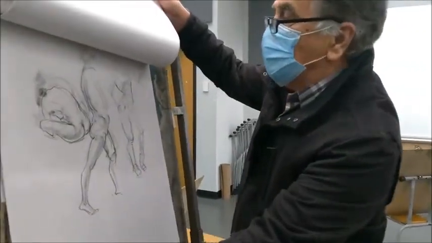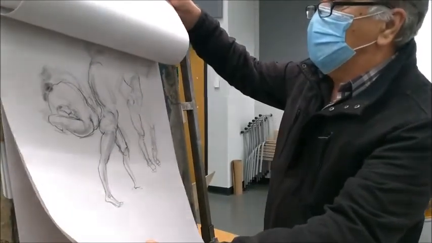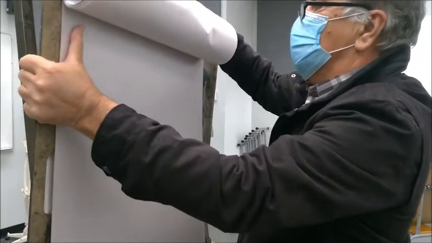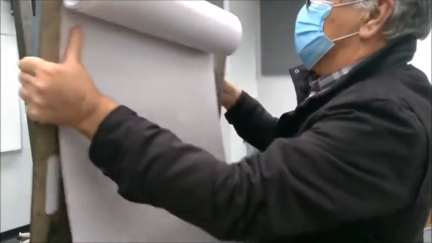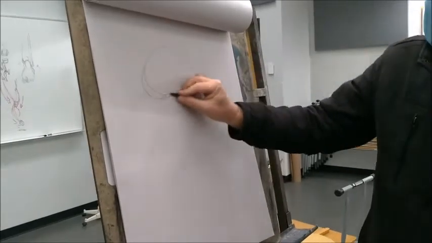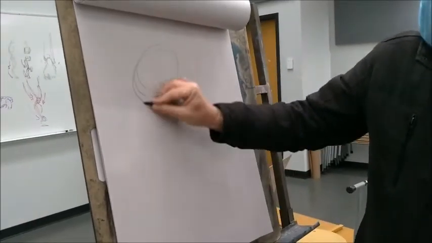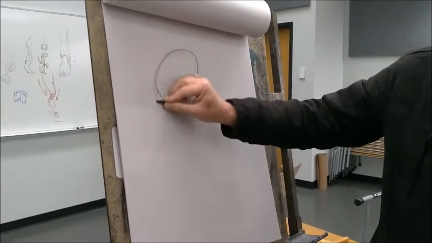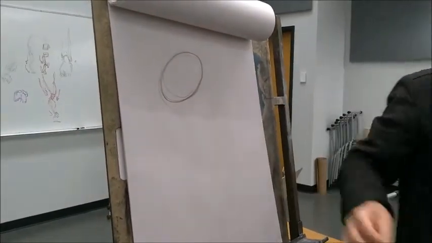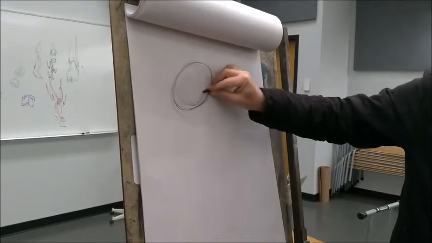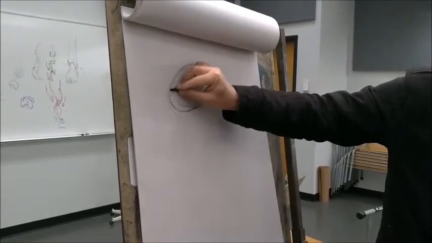I just want to give you an example here, or maybe I can draw and you can come and see me, but for example, if you have an egg. If you have an egg, okay, that's the egg. You can go for contours or cross contours.